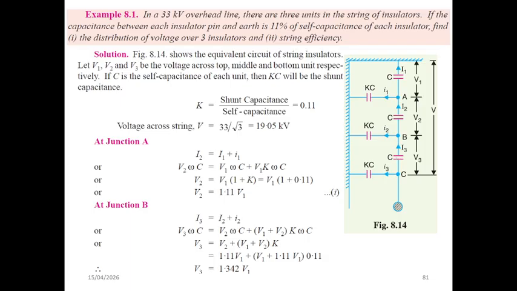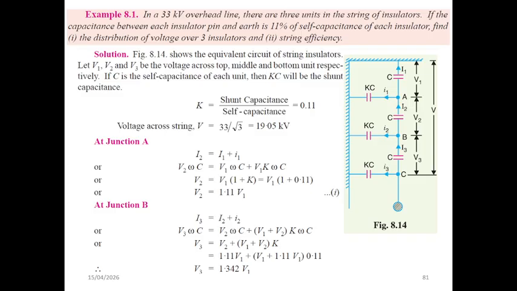So this step by step derivation clearly demonstrates that the voltage distribution is non-uniform. You can see that, for example, V1 is equal to 19.05 kilovolt, but V2 is 1.11 V1, and V3 is 1.342 V1.